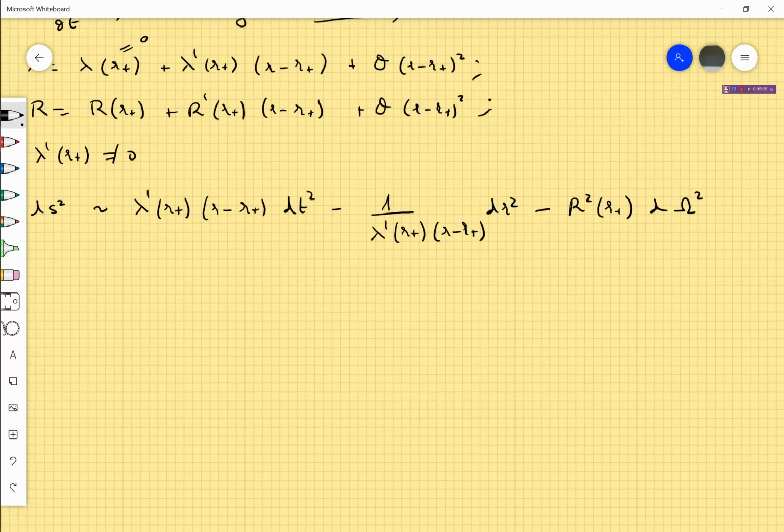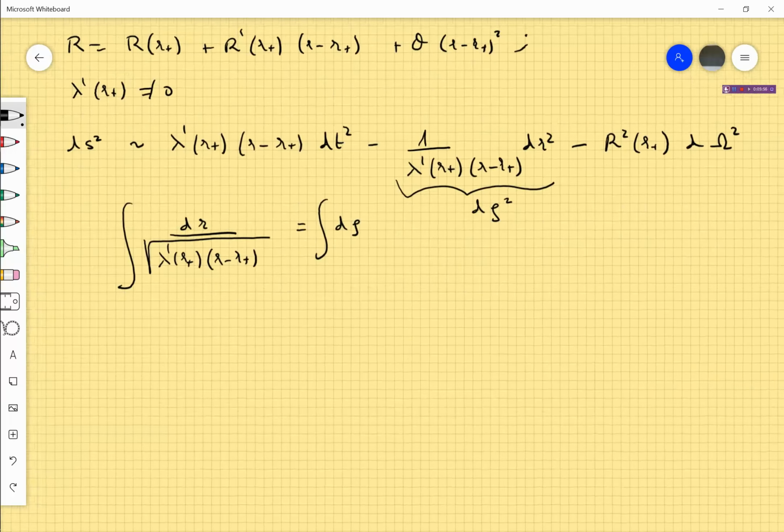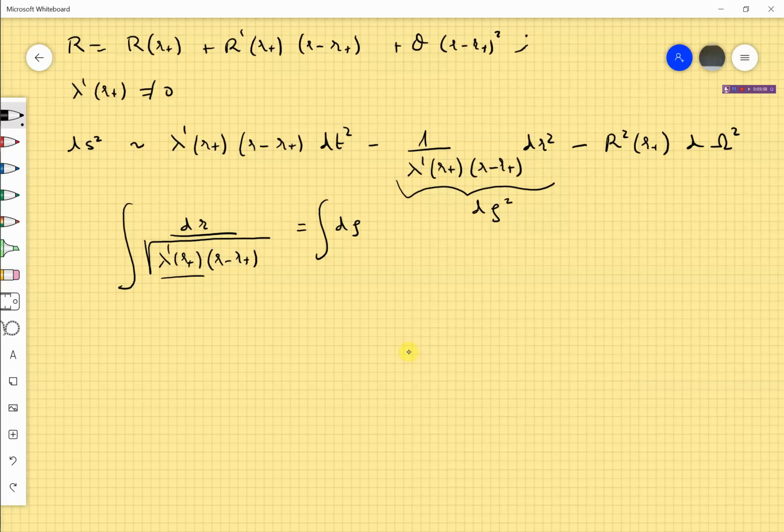Now we want to rewrite this part of the metric in coordinates such that this is d rho squared by definition. So if we want to change coordinates, we take the square root of this, the square root of lambda prime of r plus times (r minus r plus), integrated from 0. Since lambda prime is just a constant, the integral is a square root, and a factor of 2.